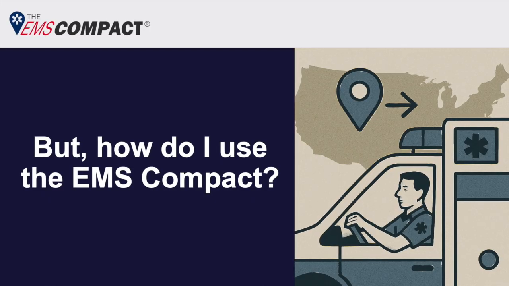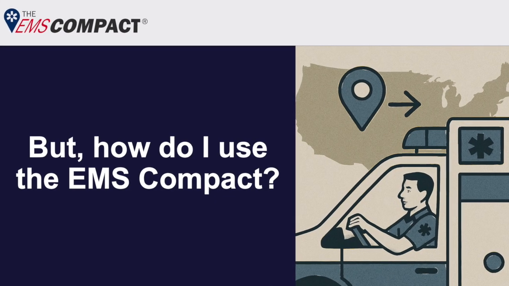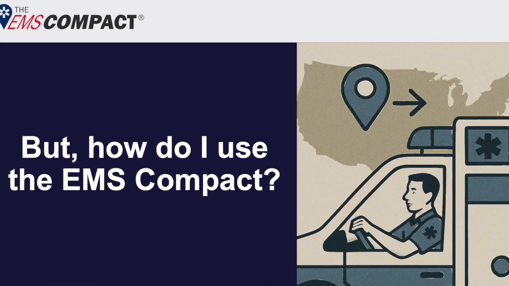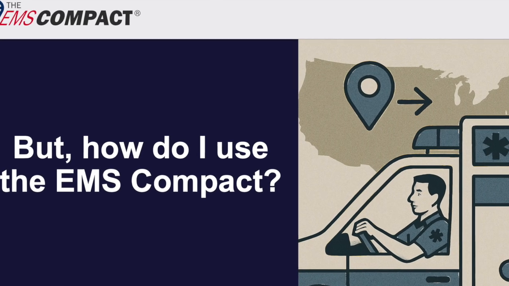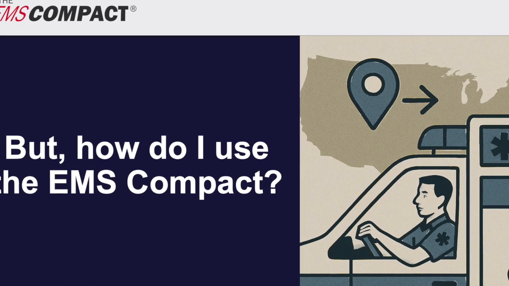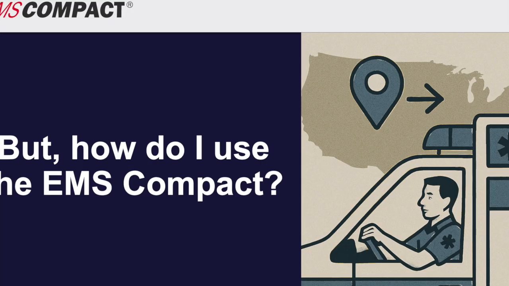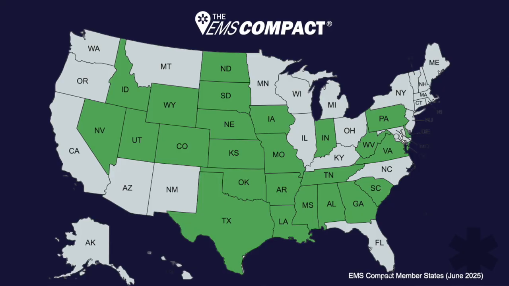So we covered a whole lot of foundation, but you're probably asking, well, okay, thanks for the foundation, but how do I actually use the compact? How does this impact me as an EMS clinician, as an EMT or paramedic? So let's go through that. As of right now, mid-2025, the EMS Compact has 25 states that are members.